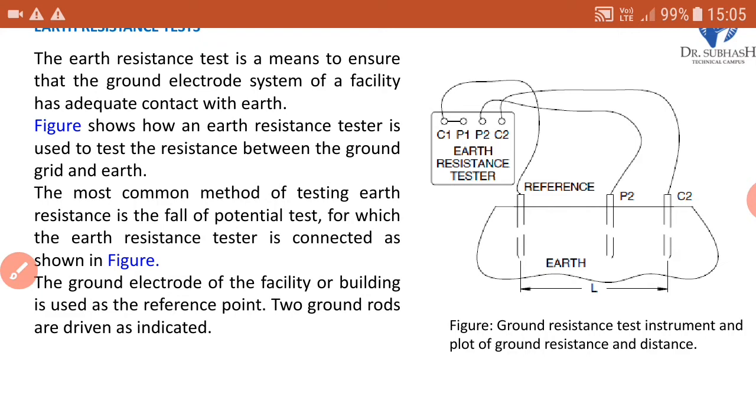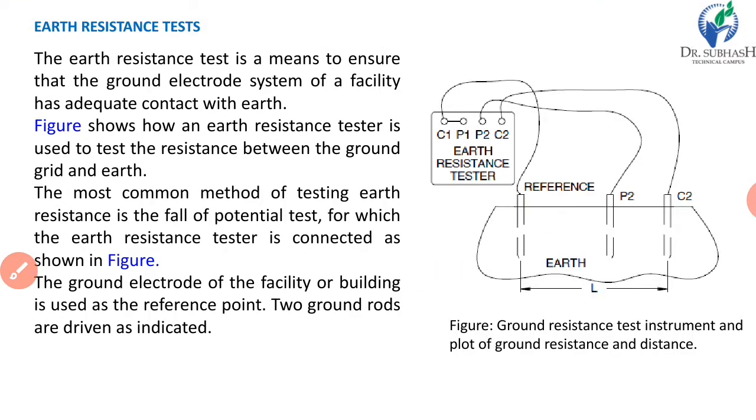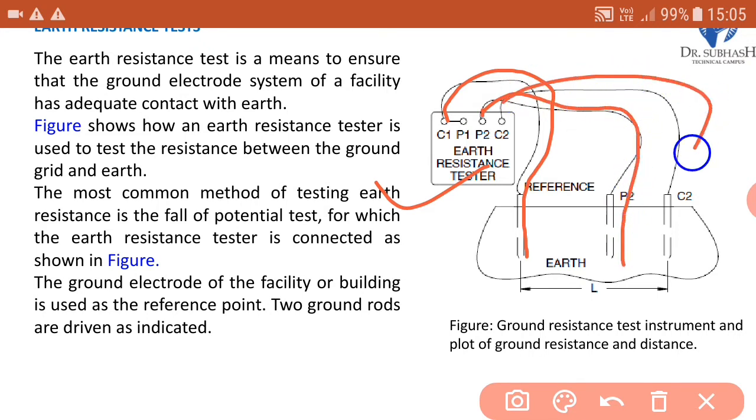P2 stands for potential contact and C2 stands for current contact, and this is nothing but the earth resistance tester. So C1 P1 is directly connected with the reference electrode, and P2 is connected with another electrode, and C2 is connected with some other electrode, and the distance between the current electrode and reference is taken as capital L.